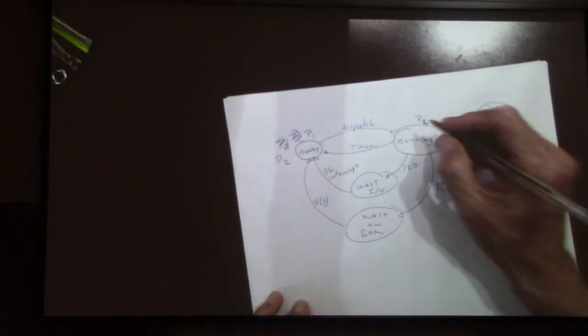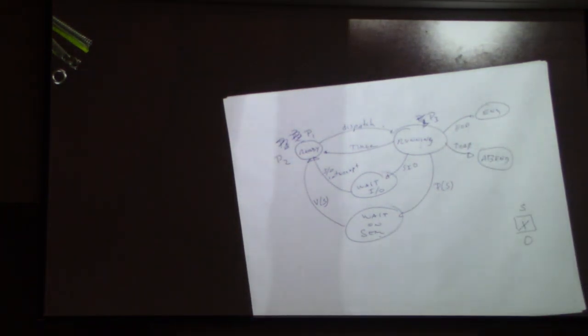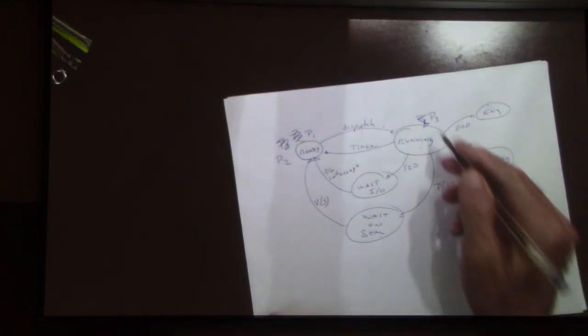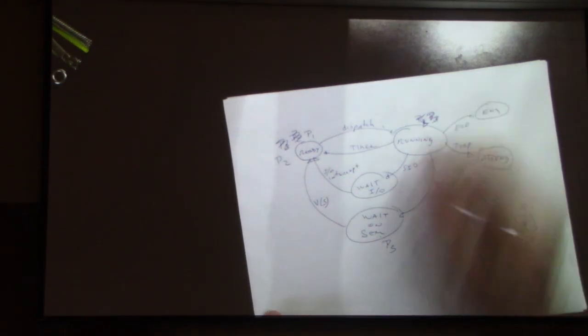So P3 is running and applies a P operation. What is going to happen? Decrement the value of the semaphore by 1. And the P operation says, if the value is less than 0, block the process, send it to the semaphore queue. So P3 comes here.